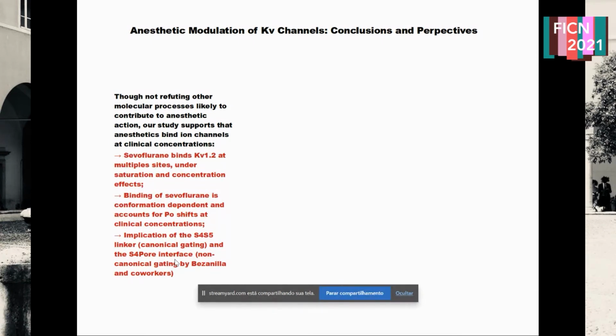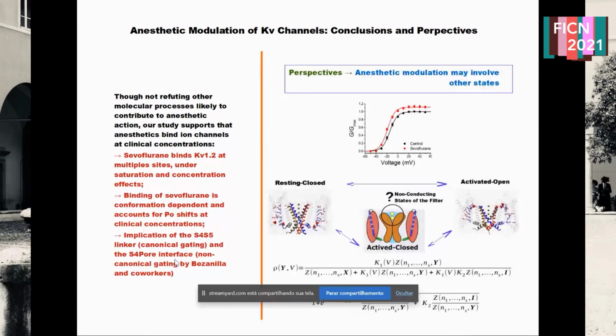Of course, to what extent we may translate our minimalist findings here in terms of a minimalist model to the great reality of an ion channel embedded in a neuronal membrane is highly questionable, and further experiments will be required to validate that assumption.